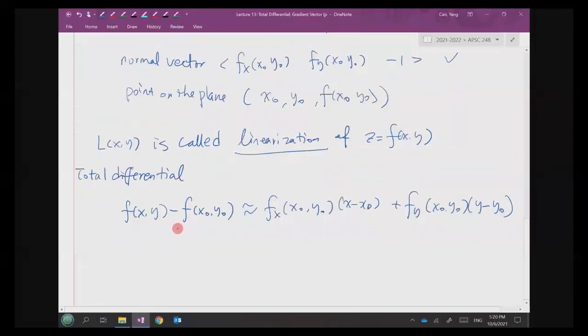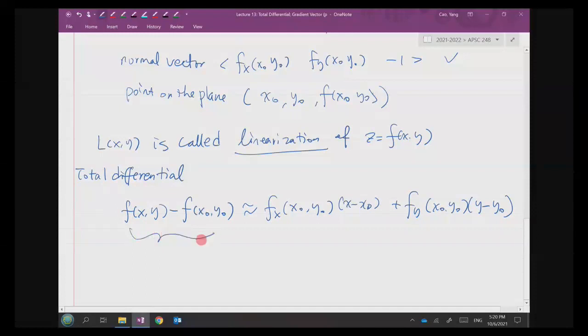You start at the point x₀, y₀, and then you move away to somewhere else, to the xy location. Then you find the difference between the value of the function f at the new location minus the value of the function f at the original or starting location.